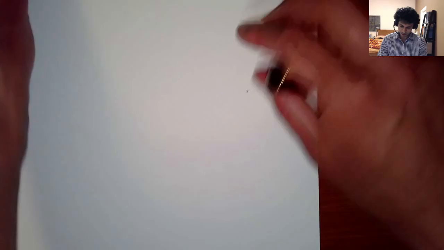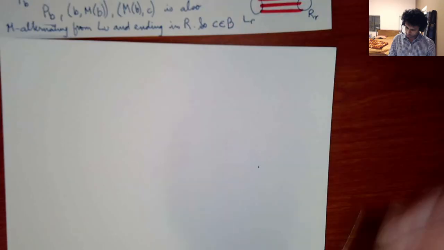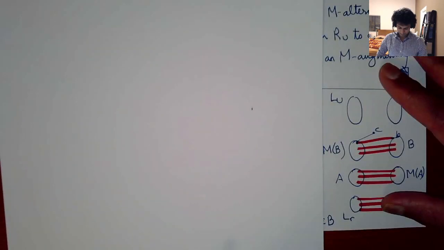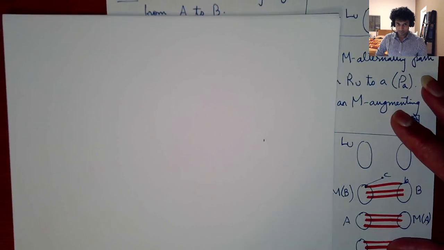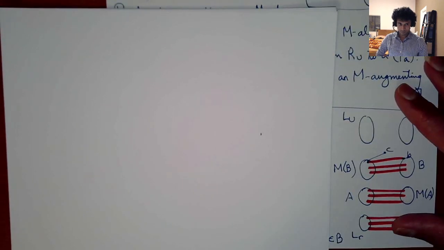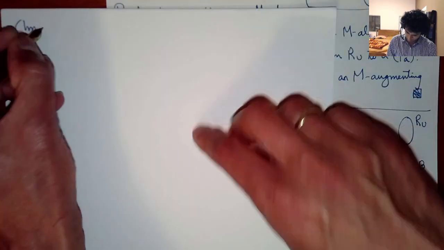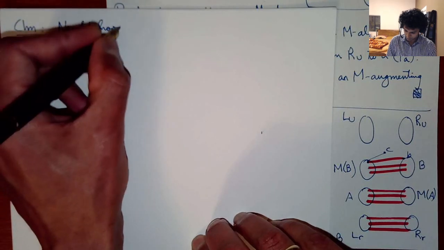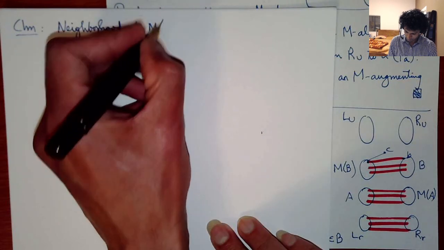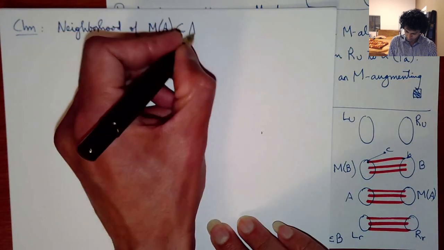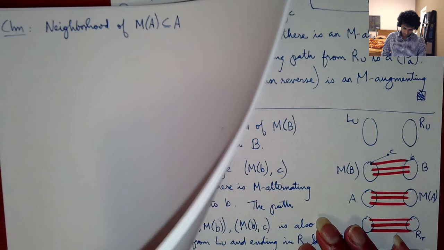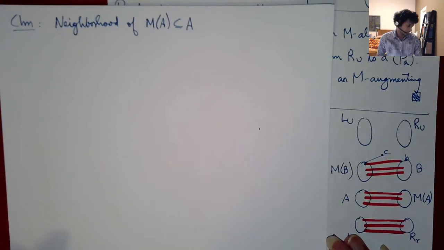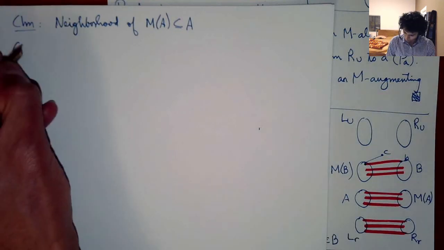So let me keep this picture here. I'm just going to write this claim out again, and we'll come back to this picture that I will keep on the side. So the claim is the neighborhood of M of A is a subset of A. So the neighborhood of M of B was a subset of B. And then we come to our final claim, which completes the theorem.